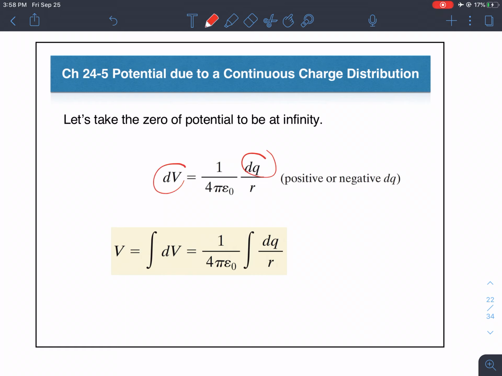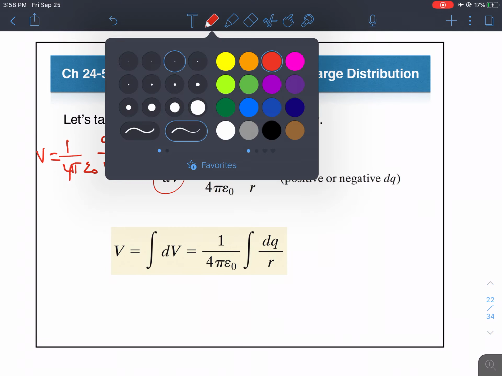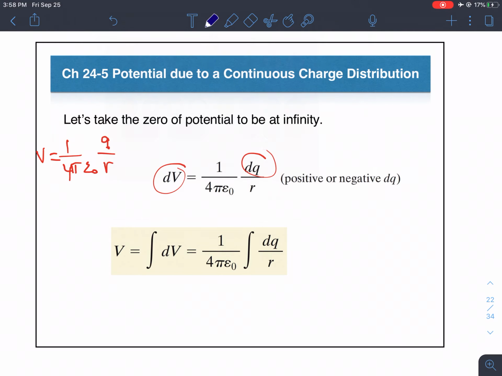We are modifying the point charge equation for V, which is 1 over 4 pi epsilon naught times Q over r. So we are saying, let's take a very small charge, and that is going to create a very small potential. That's how we start.